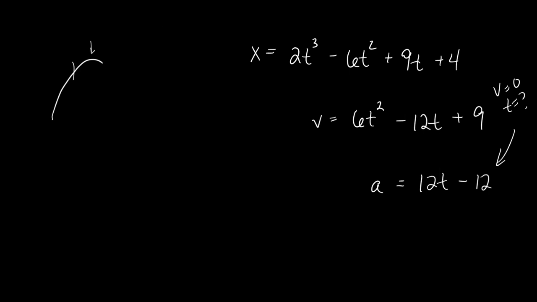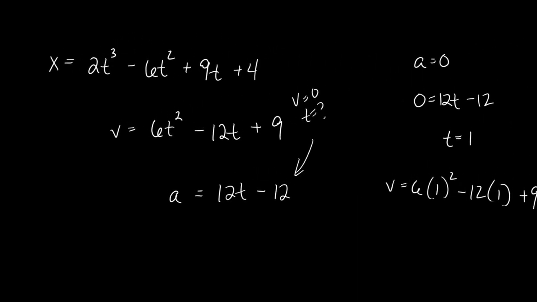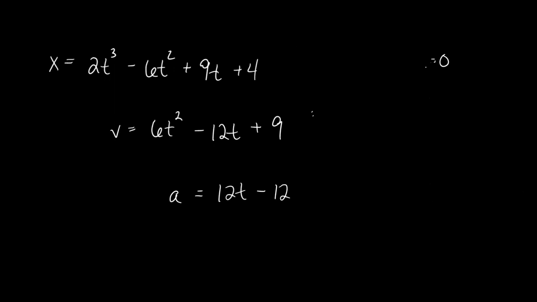A few other things I want to point out here too. If you look at the functions that we just did, the 4, that's got to be the initial position, right?